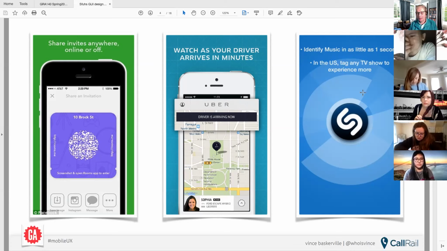Something like Shazam actually uses the speaker in the phone to listen and record pieces and parts of a song so that it can try to identify it from a massive database that it keeps track of.